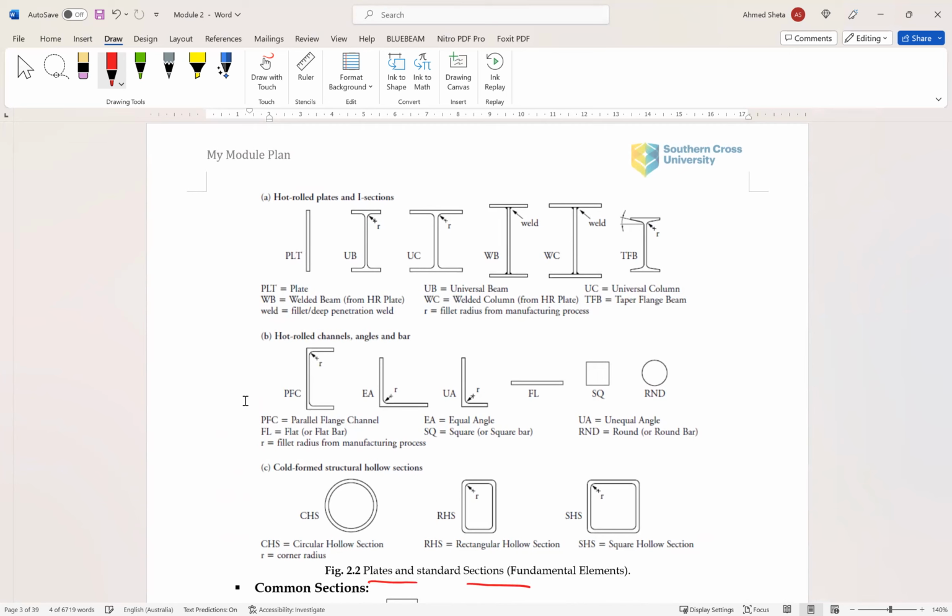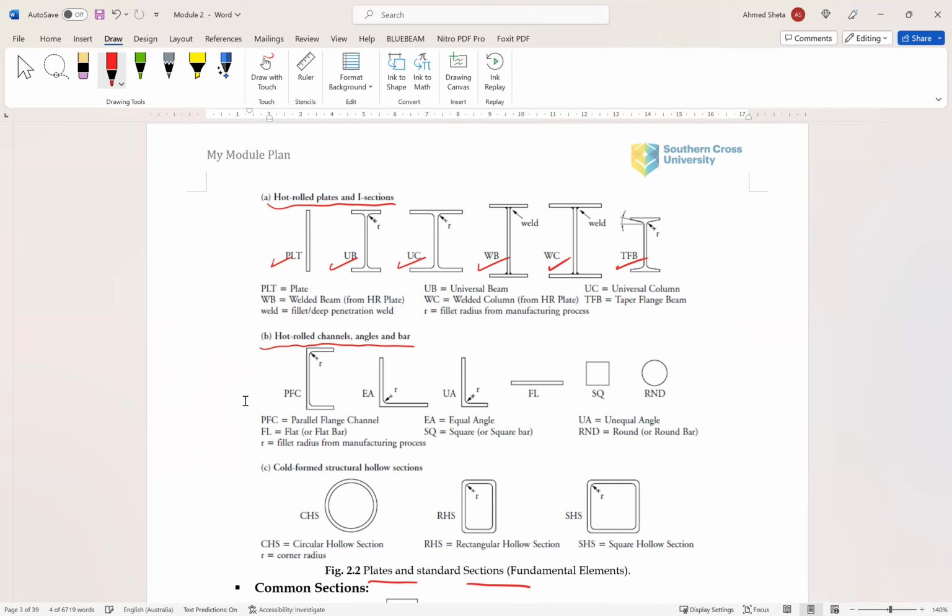So we have hot rolled plates and I sections. This is plate, this is UB, this is UC, this is welded beam, this is welded column, this is tapered flange beam. And we have also hot rolled channels, angles and bars.